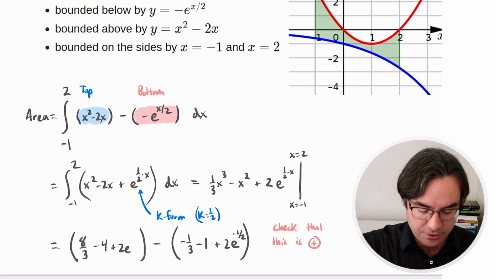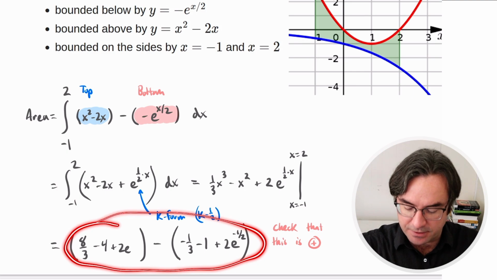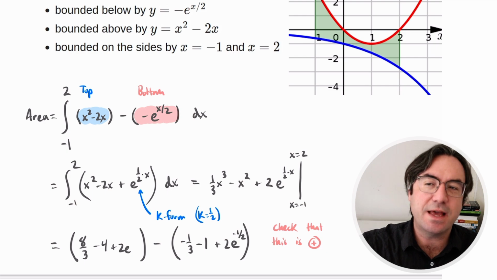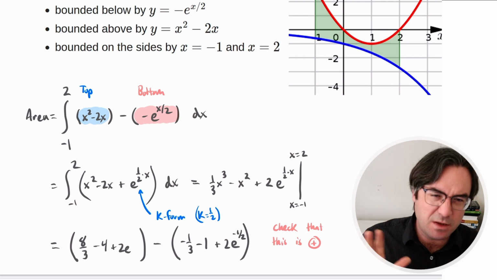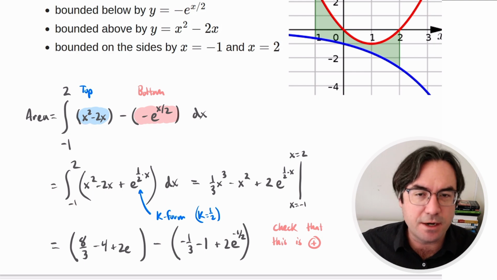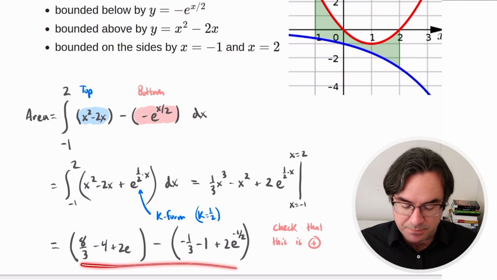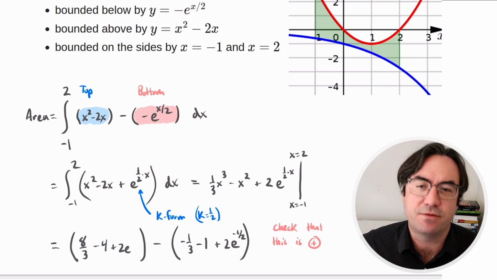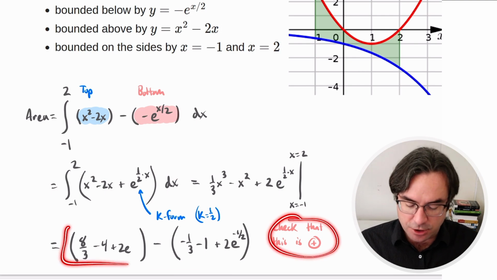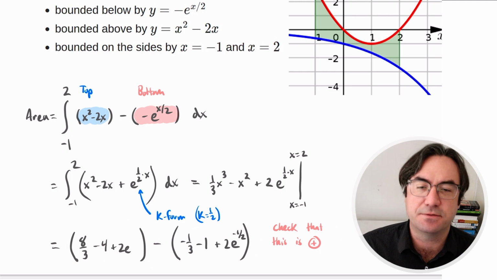If you were to plug this into your calculator and find that this is negative, that's an indication that you may be mixed up on the order. Something's wrong. The most likely culprits are you mixed up the order here, or you mixed up the order here when you actually evaluated. So a quick check, just make sure the value you get here is positive.